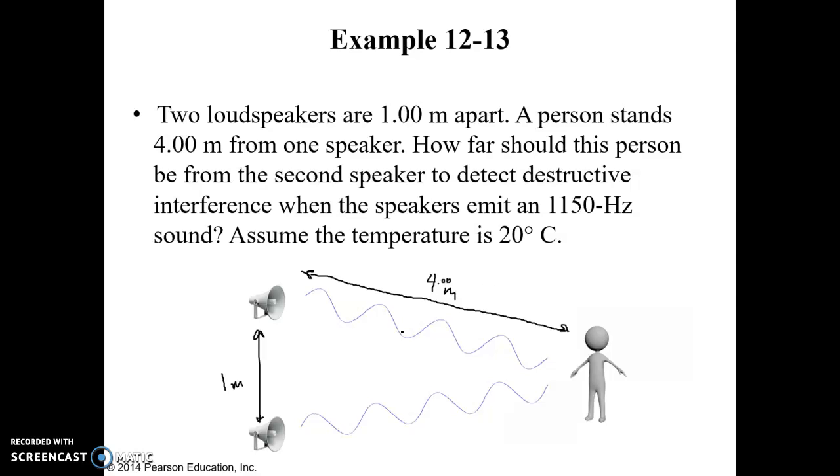I should write out the significant figures, and this should be 1.00. So how far should this person stand from the second speaker? What should this distance be in order to detect destructive interference when the speakers emit a 1150 hertz sound? And we'll assume that it's at room temperature.